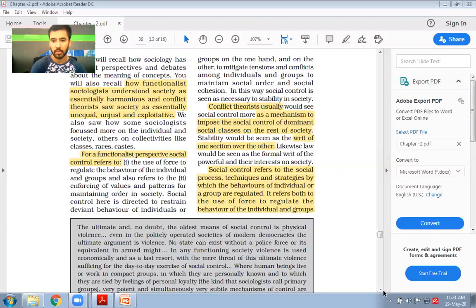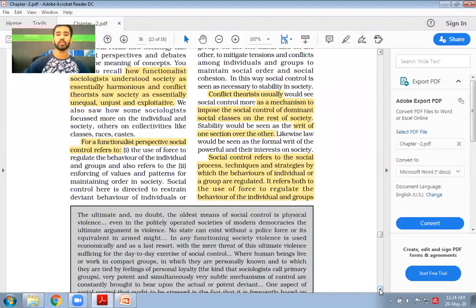Now we will understand social control in general. When we summarize it, social control refers to the social processes, techniques, and strategies by which the behaviors of individuals or groups are regulated.